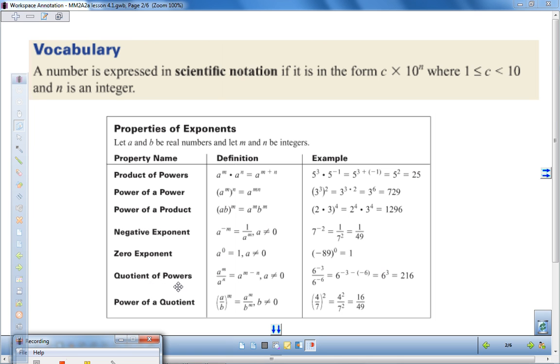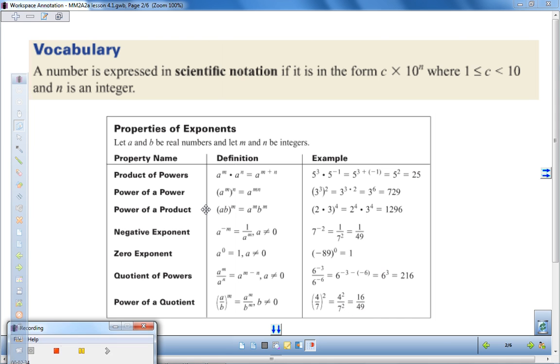Then quotients of powers: here we have a to the m divided by a to the n, so we'd actually end up subtracting. And then power of a quotient: here we have a number divided by a number, the power affects both of them. So we're going to raise them to their power before we would actually divide. You may want to jot these down.